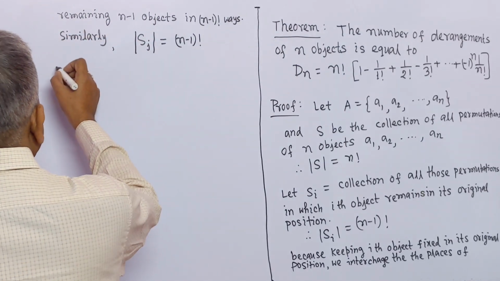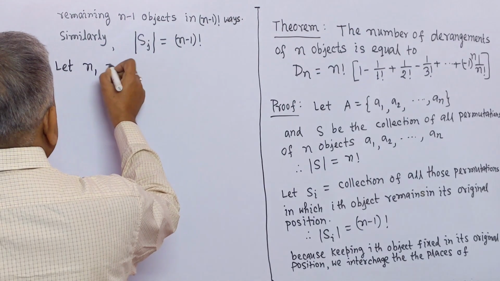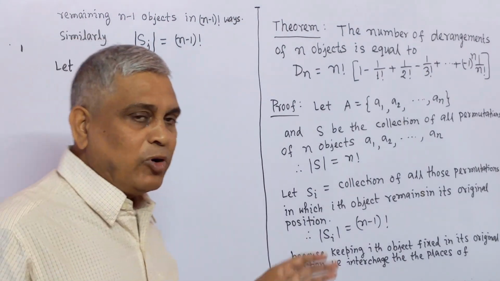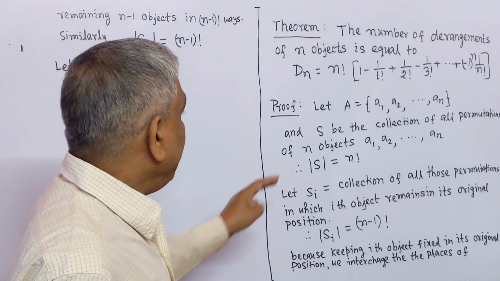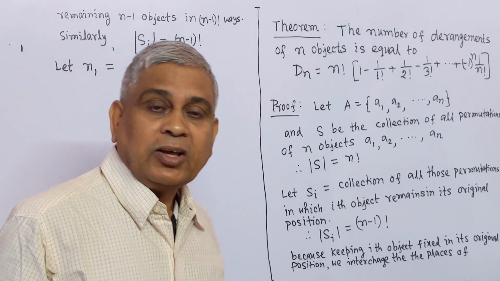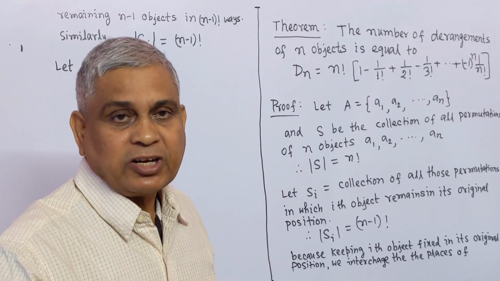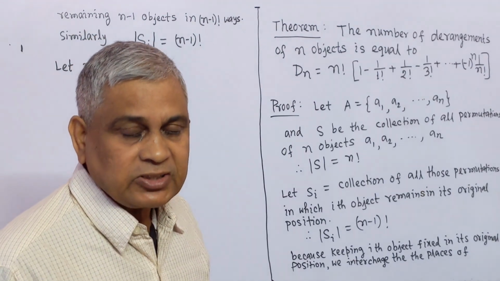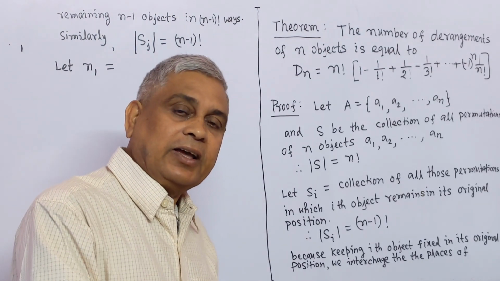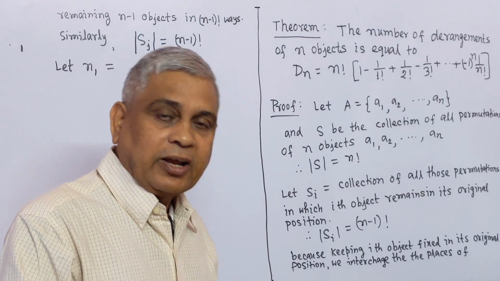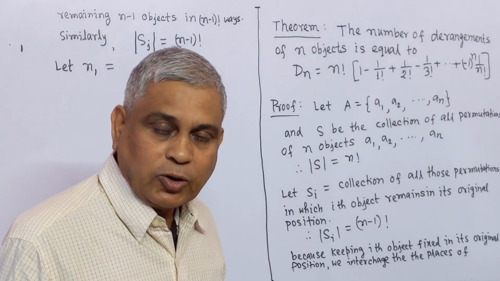Let n1 be the sum of all these types of permutations: the first object remains in the first position and we permute the other n minus 1 objects, then the second object remains in the second position and we interchange the remaining n minus 1 objects.